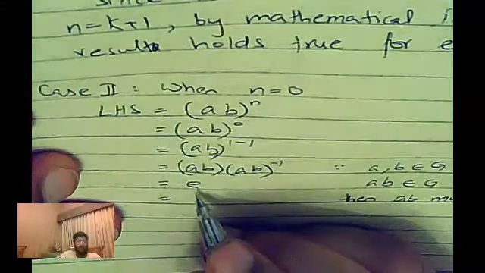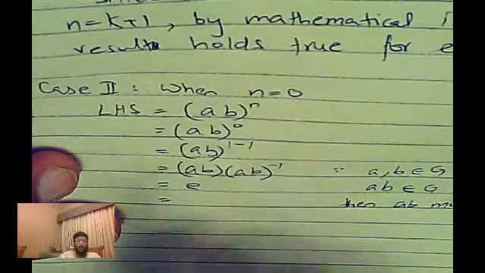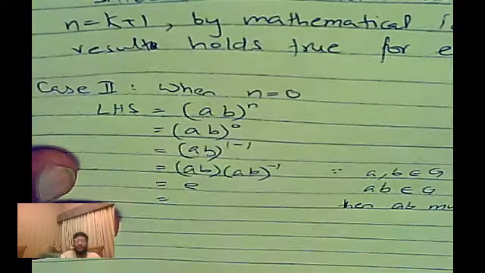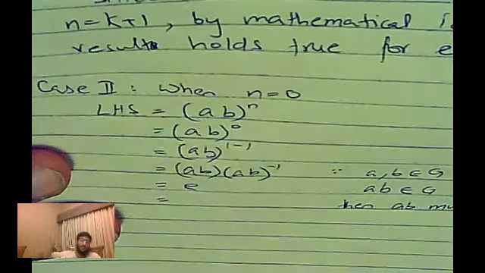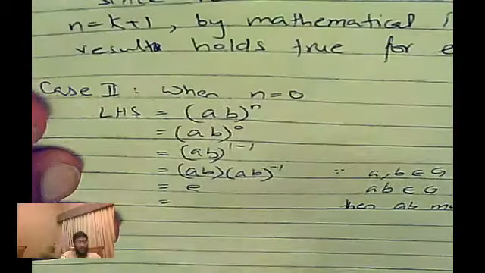Now, identity element, no matter how many times you apply the composition on it, it will give the same result. Like 0 plus 0 plus 0 under addition will always result in 0, and 0 is the identity element. In the case of multiplication, 1 is the identity element.